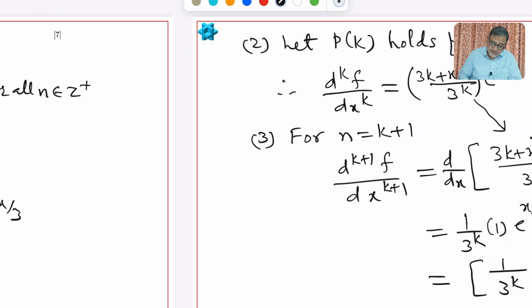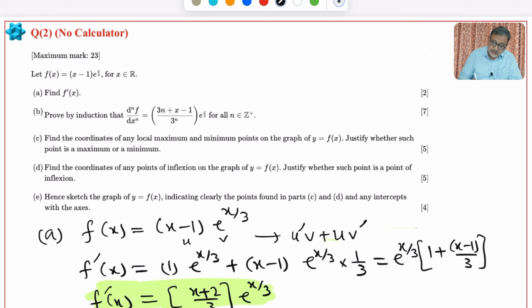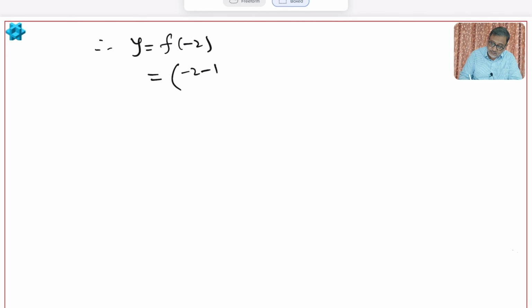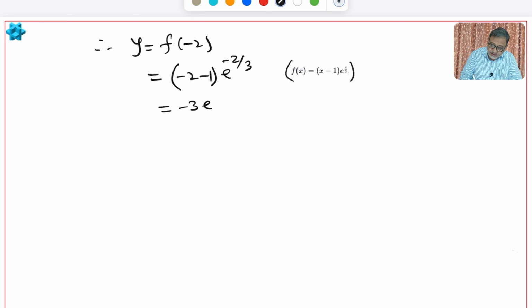What was that f of x? Let me copy it here. Very long question it is. Yeah, this was f of x. I will put it here. So in this I am replacing x by minus 2. So minus 2 minus 1, e raised to minus 2 by 3. So it will be negative 3 e raised to negative 2 by 3 is the y coordinate.